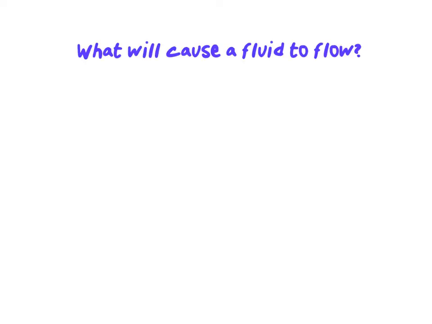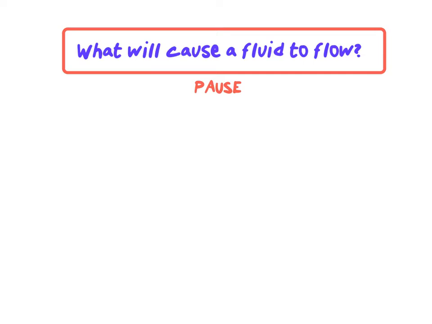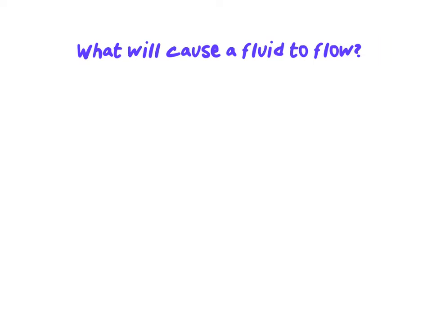All right, so the first question we're going to consider is what will cause a fluid to flow, from what we already have discussed. So I suggest you pause the video and figure out what would cause the fluid to flow or move from one place to another versus stay at rest. Hopefully, what you thought was if there's a pressure difference in the fluid, then there will be fluid flow.